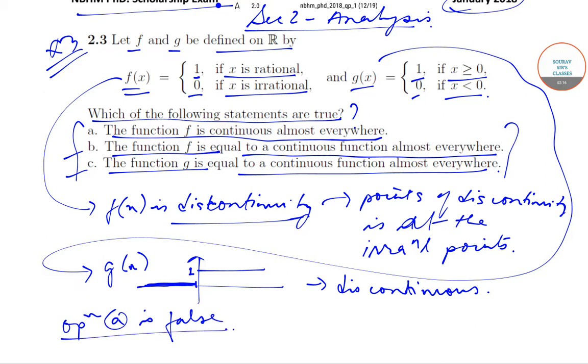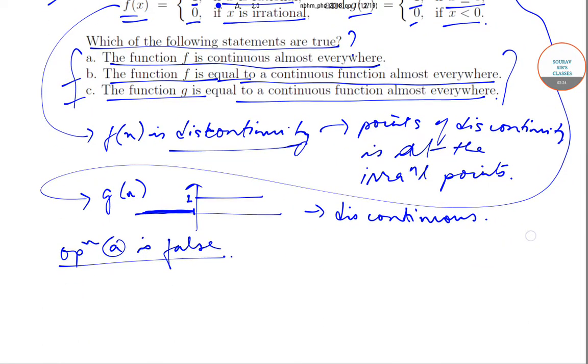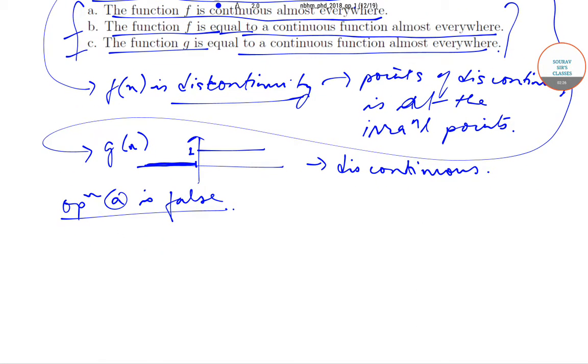Now let's shift our focus to option B. In option B, it has been said that the function f is equal to a continuous function almost everywhere. So let h be congruent to 0, where we have taken an element h from a set of measure 0.